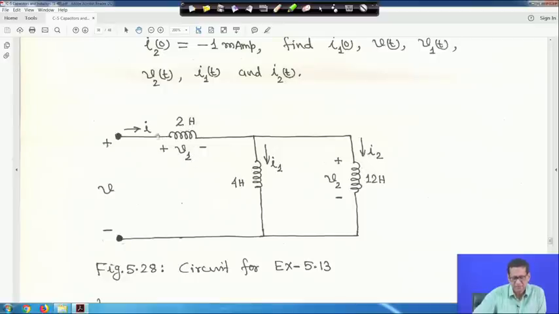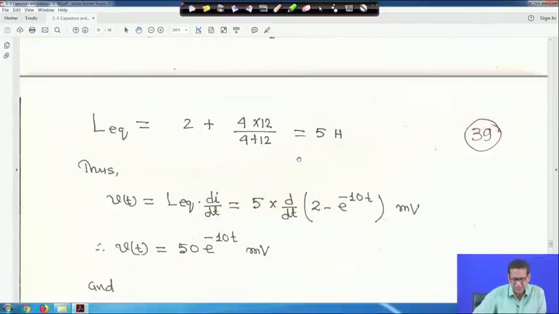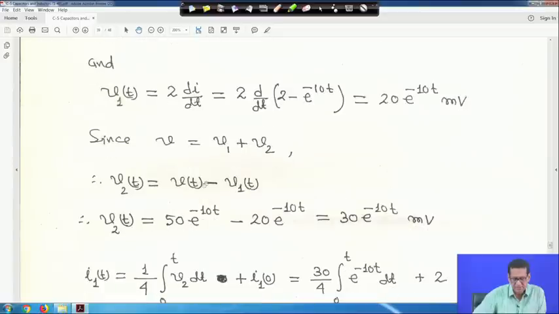So it is 20 e to the power minus 10t millivolt.